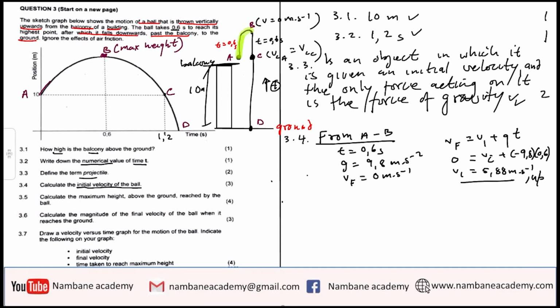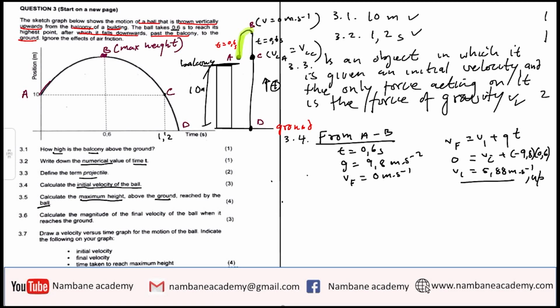Thank you very much. Ladies and gentlemen, let's go now to 3.5. 3.5 says, calculate the maximum height above the ground reached by the ball.